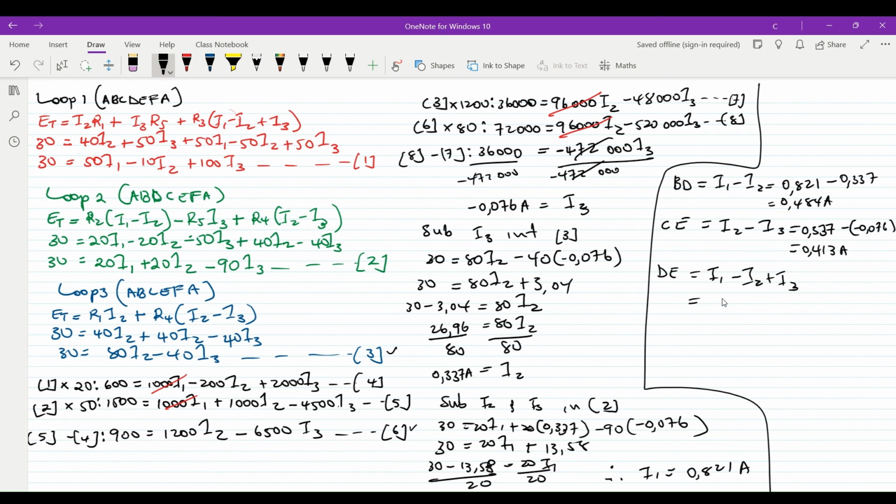This is 0.821 minus 0.337, it should be plus negative 0.076, and this will give us 0.408 amps.